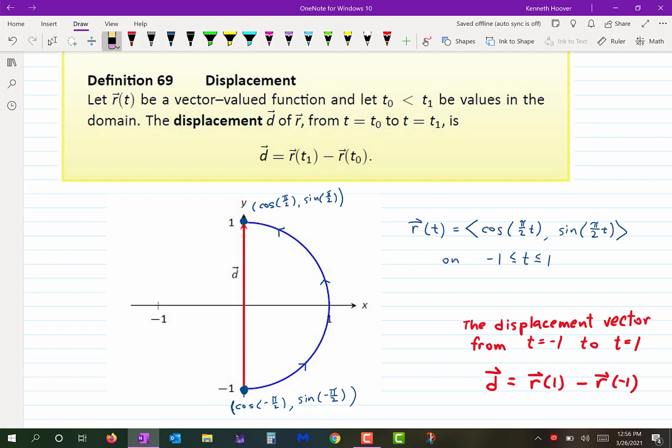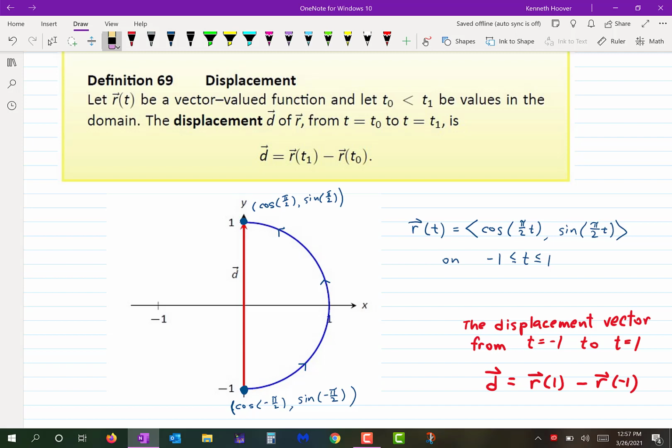It tells you that the particle moved in a semicircular path, but if you just compare the beginning and the end, what you see is that the particle ended up at a point that is 2 units away, that's the magnitude of that vector, 2 units in which direction?